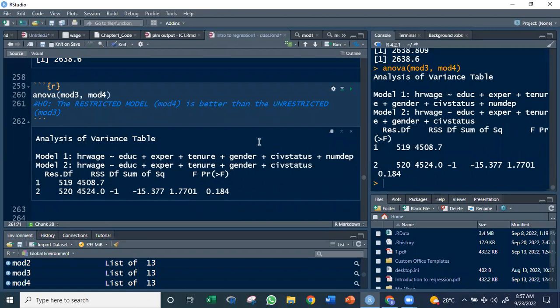So, sino mas maganda, guys, na model? Yung restricted o yung unrestricted? Pakit-type na, class. So, sino pipiliin natin? Yung restricted na yung walang number of dependents or yung unrestricted na may kasama yung number of dependents? Silent chat, please.